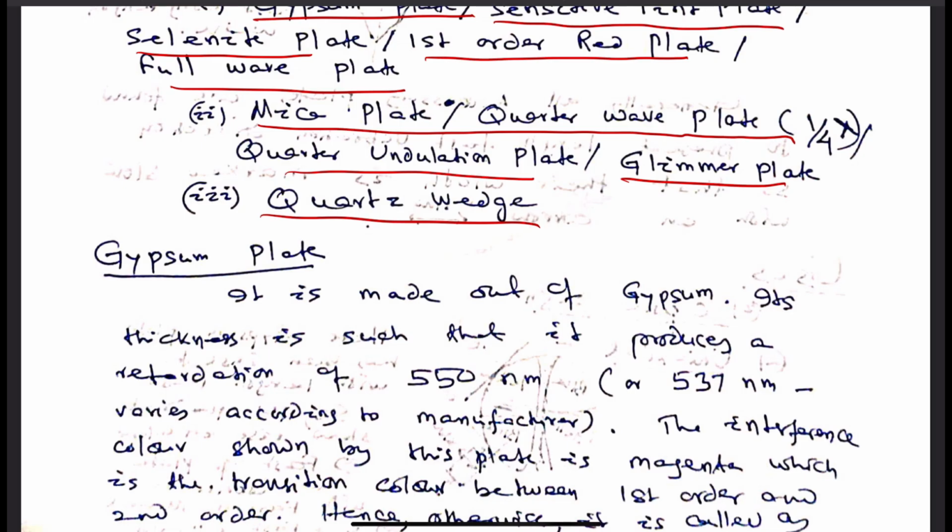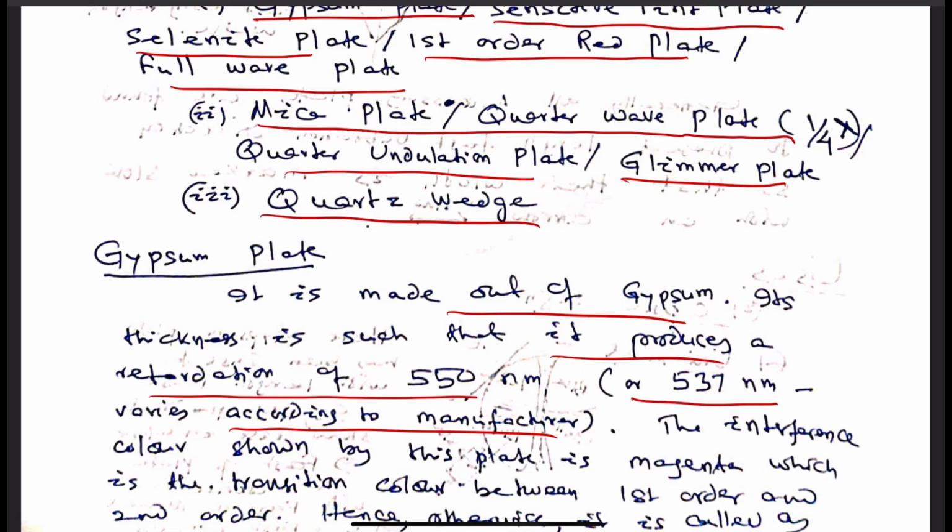The gypsum plate is made out of the mineral gypsum. Its thickness is such that it produces a retardation of 550 nanometer, or in some cases 537 nanometer, and this variation is according to the manufacturers. Commonly it is 550 nanometer, which is considered to be one wavelength.